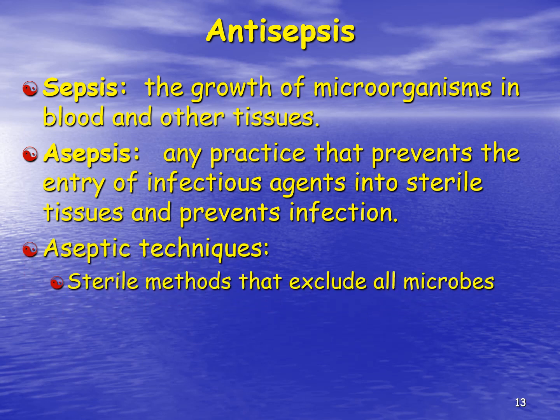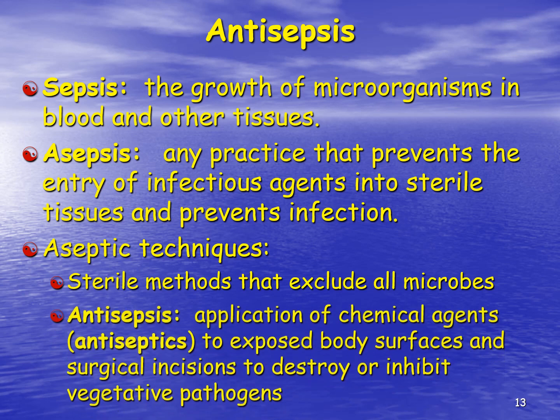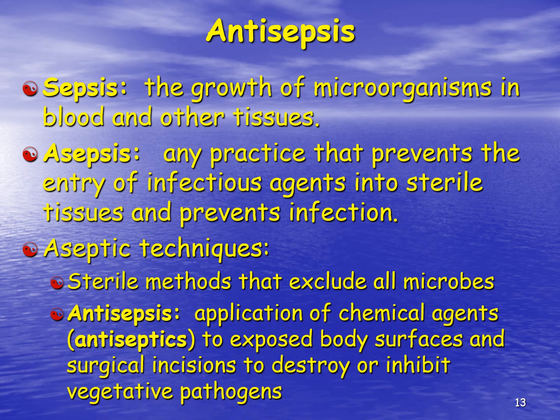Aseptic techniques use sterile methods that exclude all microbes, such as creating a sterile field in a surgical suite. And antisepsis is the application of chemical agents, or antiseptics, to exposed body surfaces and surgical incisions to destroy or inhibit vegetative pathogens. So, for example, the use of surgical scrubs or surgical solutions to clean the surgical site before an incision is made is antisepsis.